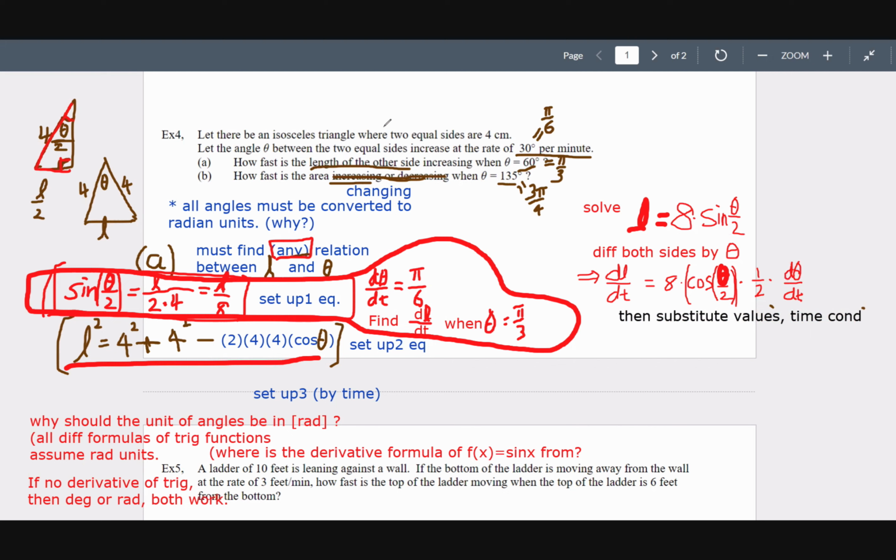So that's what you have to plug in. Let me just use green here. I have to plug in this theta and this d theta dt. Okay, what is d theta dt? That will be pi over 6. And theta is pi over 3. Get it? Any questions here?